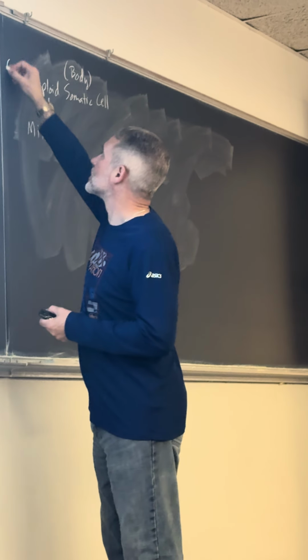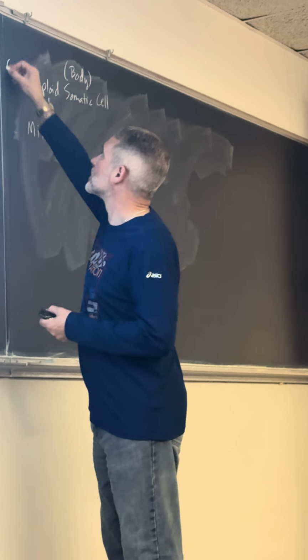N is a variable that people use for the haploid number of chromosomes. If you are a human, your haploid number of chromosomes is 23, so your somatic diploid cells would have 2 times that. Each of your somatic cells would have 46 chromosomes.